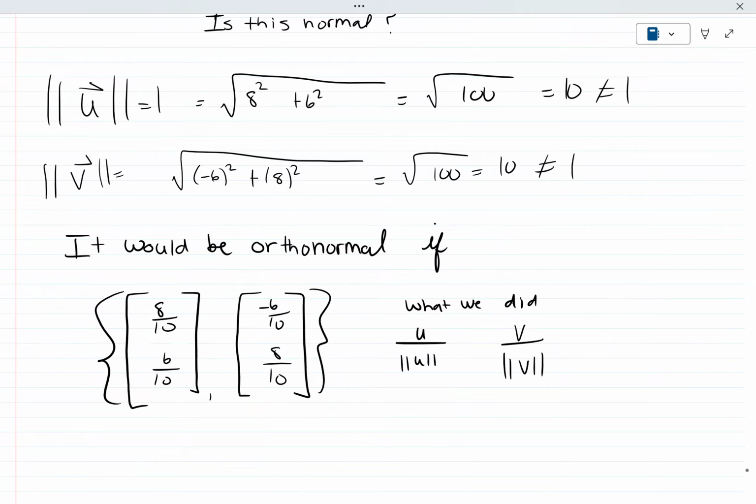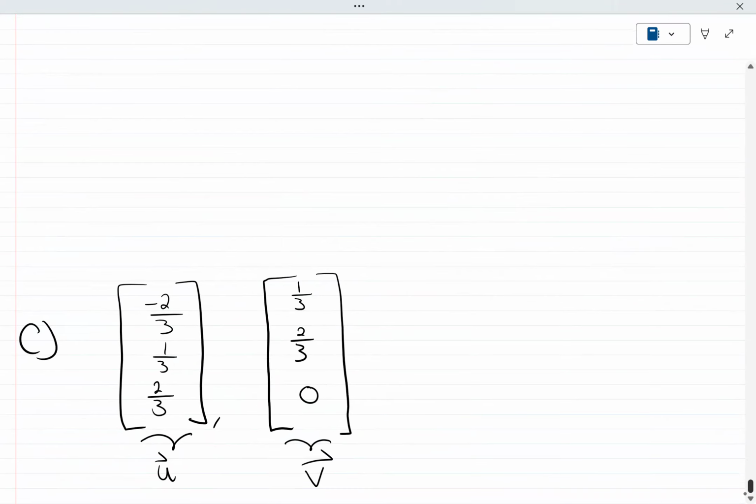Okay, last question, and then we are done. For part C, we have this vector u and this vector v.